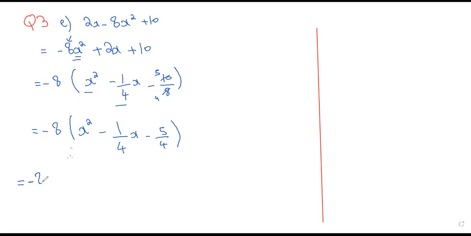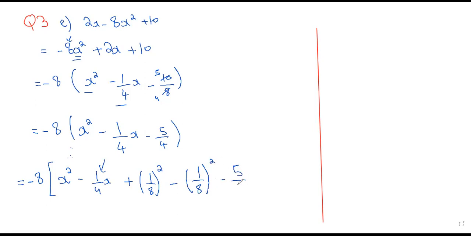So minus 8 would be on one side. I'll use this bracket. x squared minus 1 by 4x. Half of this number would be 1 by 8. I need to add half of this number and square that, and I need to subtract half of this number and square that again, and then we have minus 5 by 4.